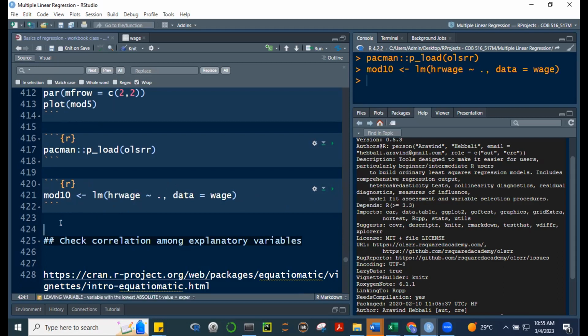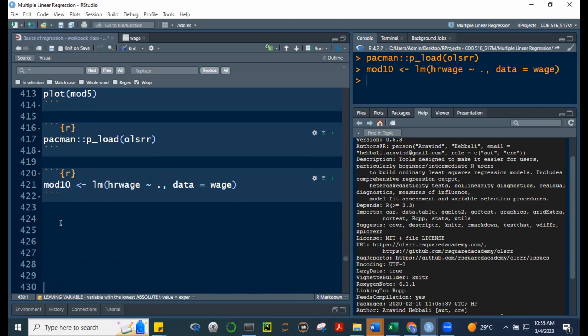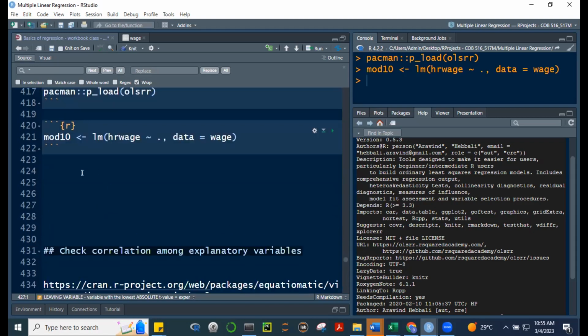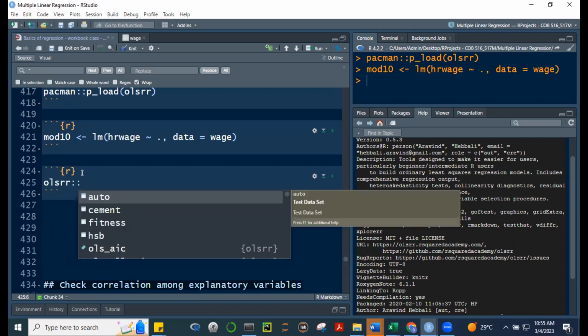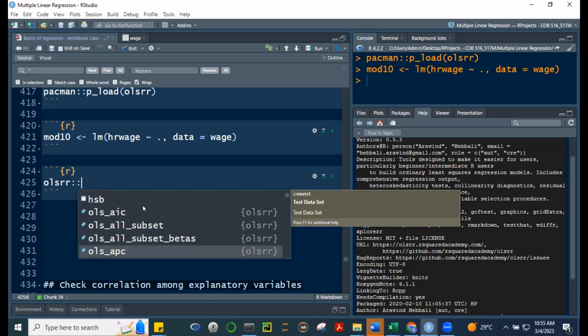And then what I'm going to do now is make use of OLSRR. Control-Alt-I. OLSRR. So that's a package, and these are its functions. Let's find it, class. OLS.